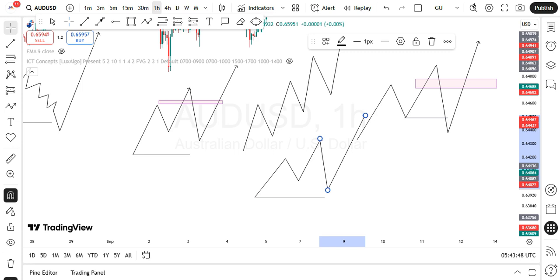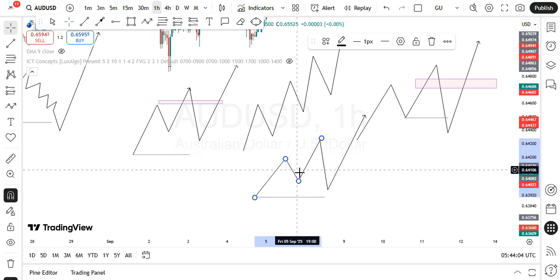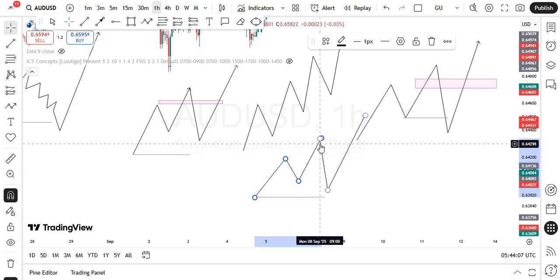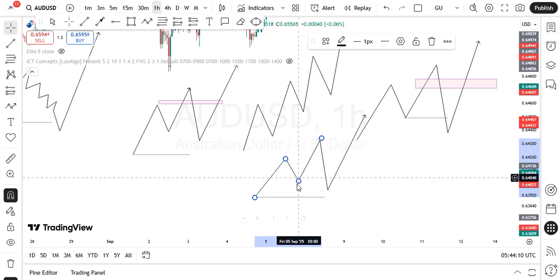Why is it so? The market would always need fuel to continue going higher. So that fuel would only be where the stop losses of traders are resident, right? And of course, for this very move from here to this point, the ideal level where anybody who took this trade could likely have their stop loss is just below this low.